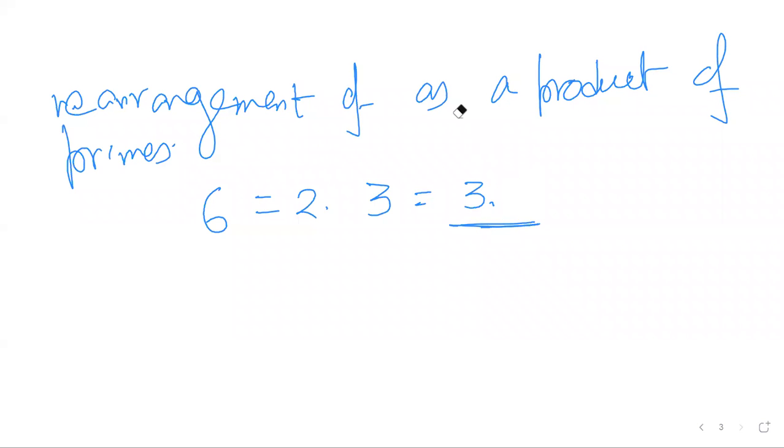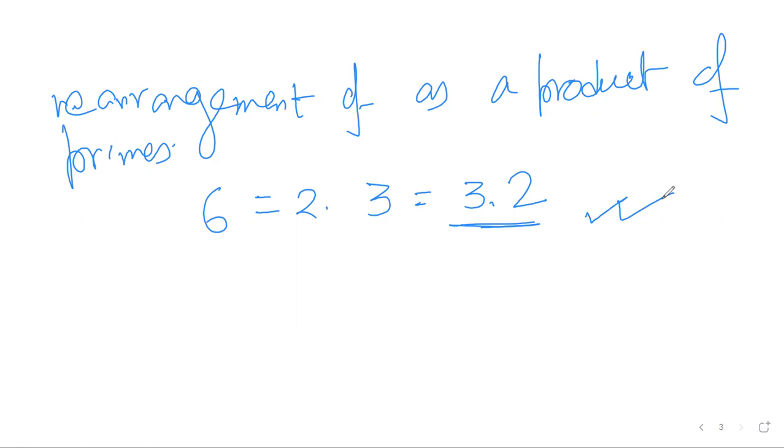Apart from this rearrangement, the expression of 6 can be written as the product of 2 and 3. This is the exactly one way we can express 6. No other way is possible, right? Is it clear? What is the meaning of exactly one way, and what is the meaning of rearrangement? Now, the fundamental theorem of arithmetic is clear to us, right?